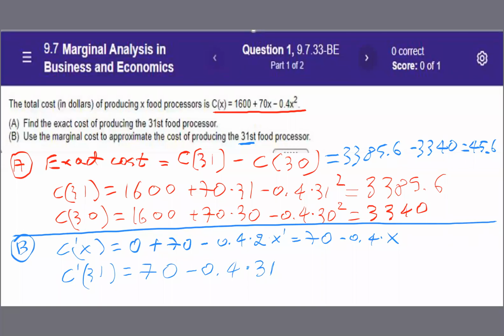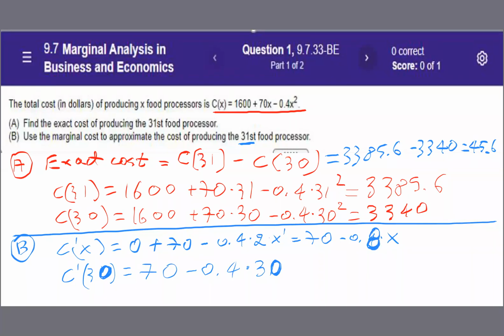Okay, so actually to produce the 31st unit, we're going to find the marginal cost at 30. It's my bad here, my mistake. I have another mistake here.